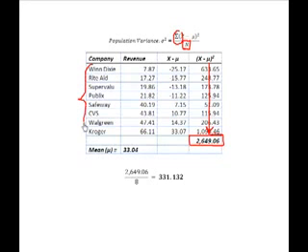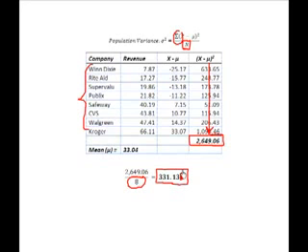Again, I have 8 in this distribution, so I divide it by 8, and I determine that the variance of the population of these 8 drugstores is 331.132, and I'm just going to round it off to 0.13. So there is your first population variance.